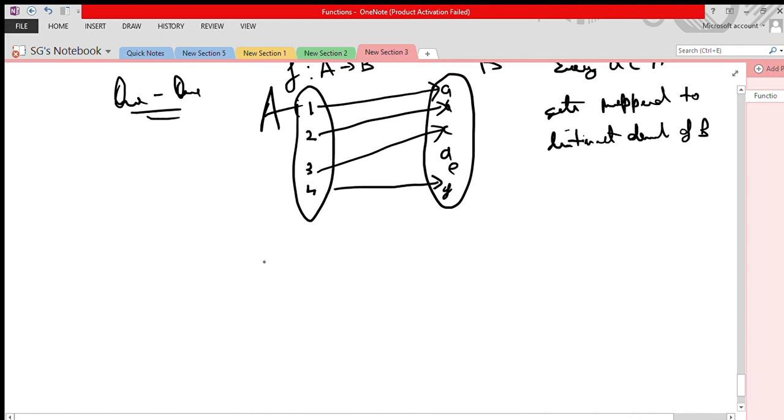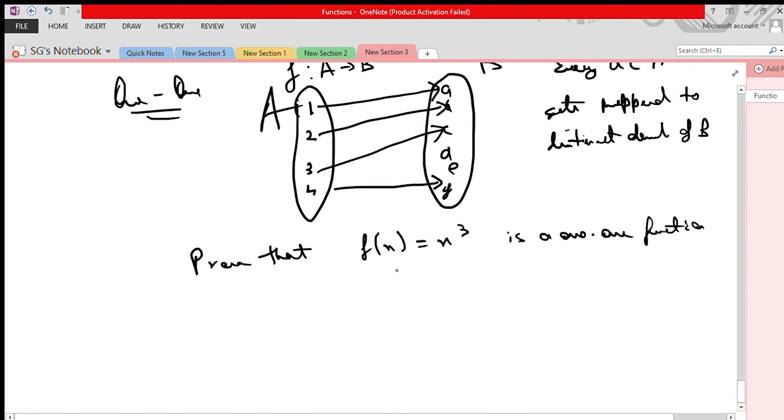Now, how do we check whether a function is one-one or not? Suppose you are told to prove that f(x) equals x cube is a one-one function. How can you do this?